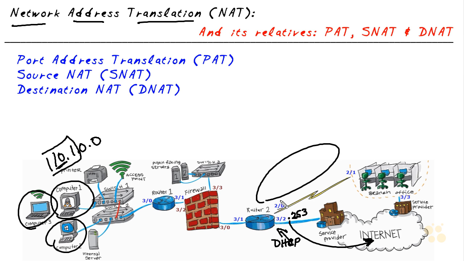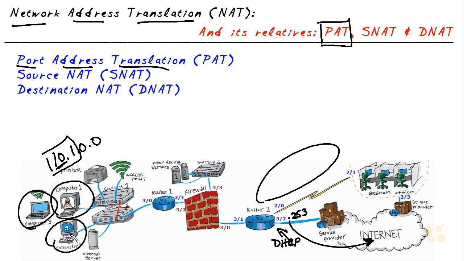And one solution would be to use PAT, Port Address Translation. And port address translation is amazing. It's also sometimes in a Cisco environment referred to as overloading. And it goes something like this.